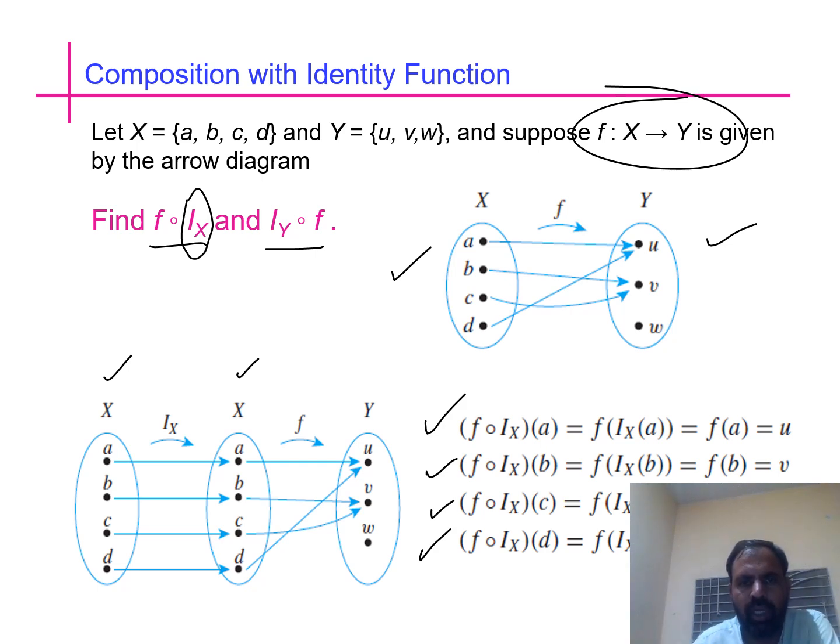And f is a function from X to Y, so this will be A to U, B to V, C to V, D to U. So we find the values from this diagram, where they are defined.